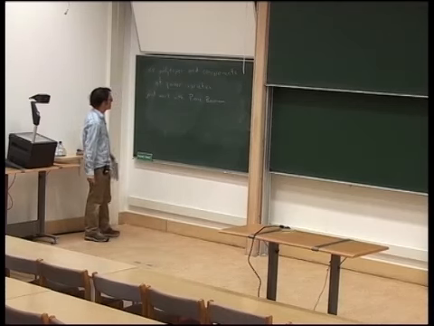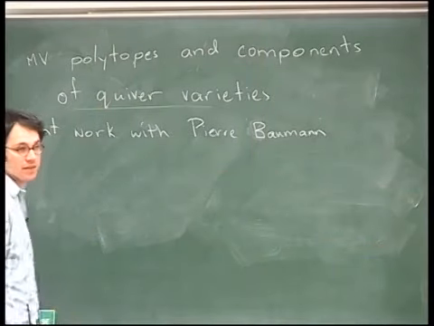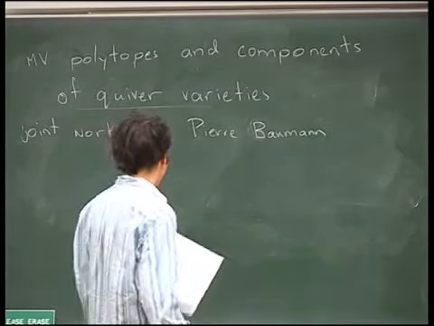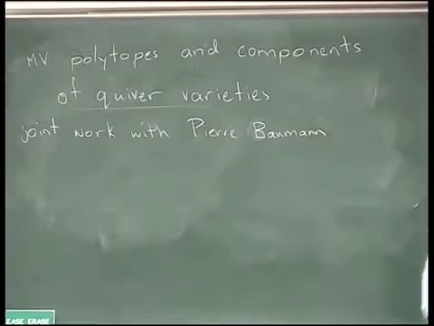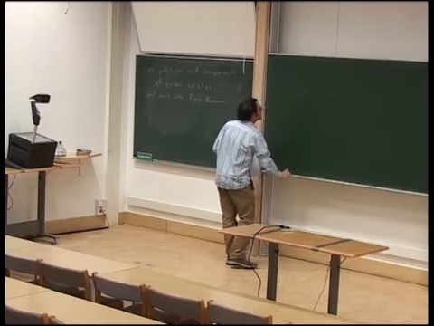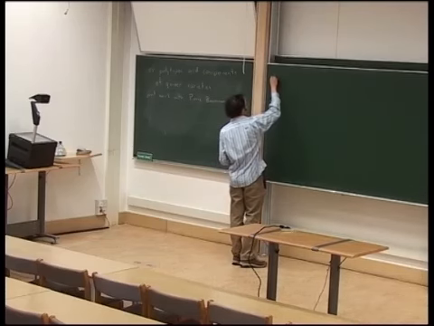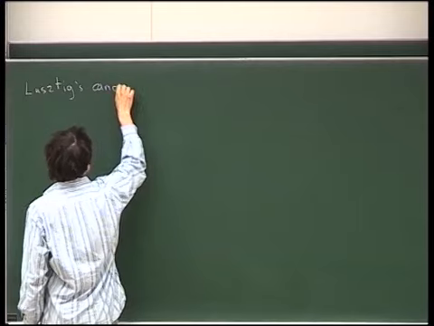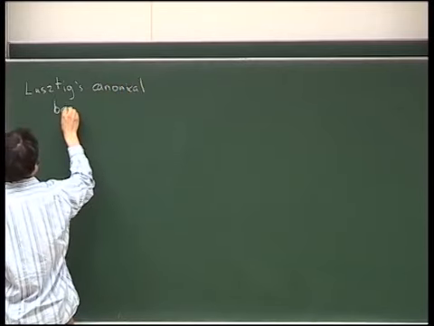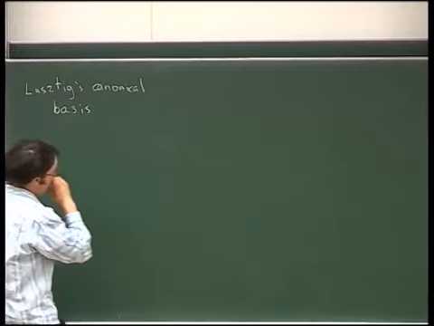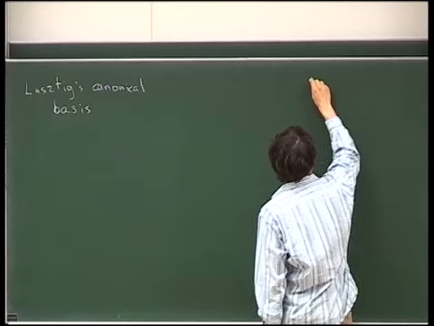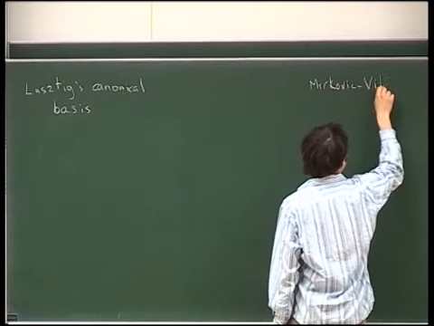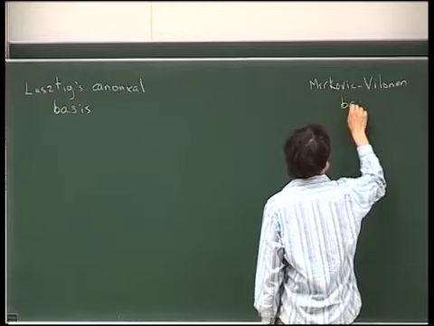So the motivation is the study of special bases for representations of Lie algebras. Let me start with this kind of schematic. Two such special bases are Lusztig's canonical basis and another such special basis, called the Mirkovic-Vilonen basis.